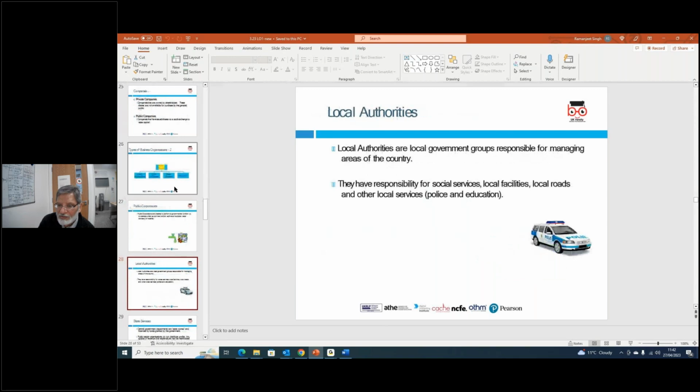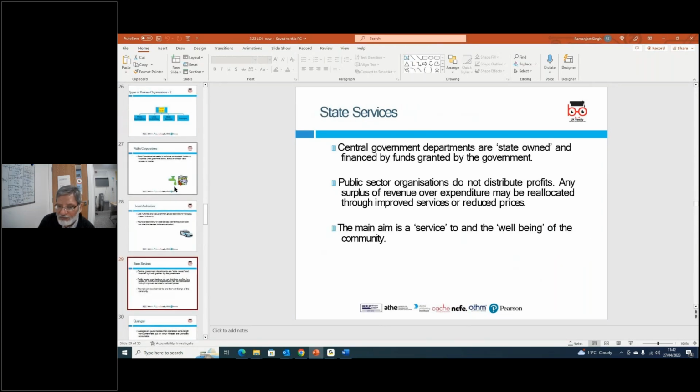Local authorities run educational services. They provide ambulance services and hospital services, as well as managing them. State services are funded by the state and accountable to the state, but they don't make any profit.